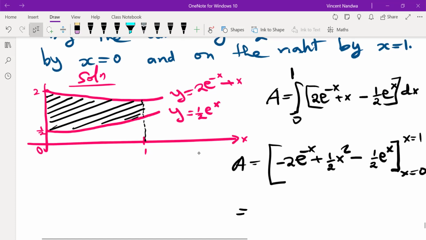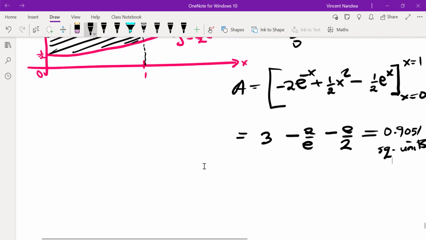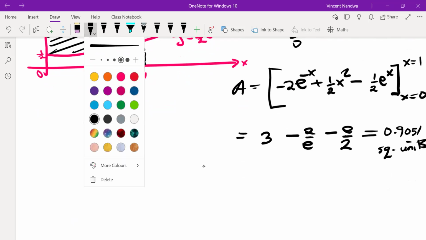When you substitute, you get 3 minus 2 over e minus e over 2, which will give approximately 0.9051 square units. So the key thing is to first sketch the graph to know which curve is on top. Once you know which is on top, you can easily compute the area using the integral from a to b of f of x, the top curve, minus g of x, the lower curve.